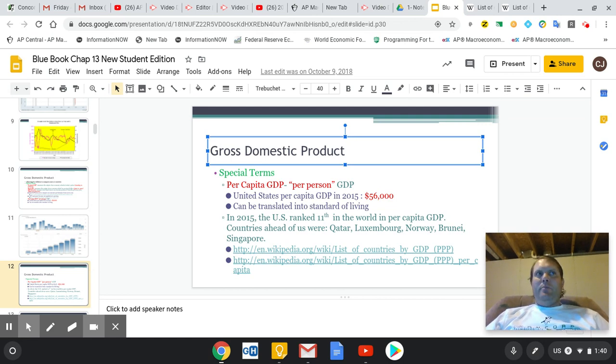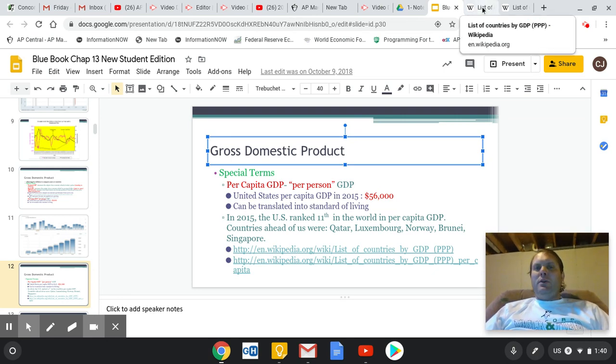Concord had 100 kids pass an AP test, but Penn had 125. Which school's AP program is better? If you realize that Penn has about twice as many kids as Concord, you should say Concord's better. They have a higher percentage of kids doing things. And so per capita GDP tells us a little bit more of the story.